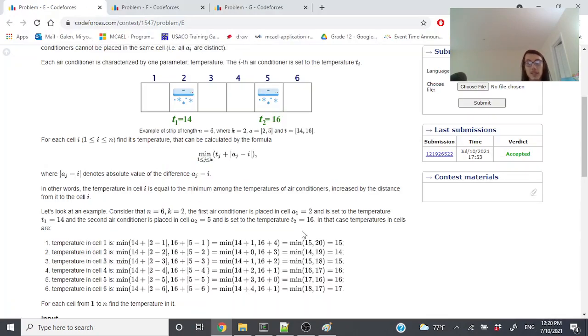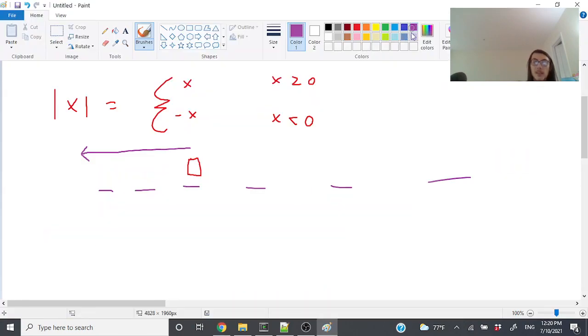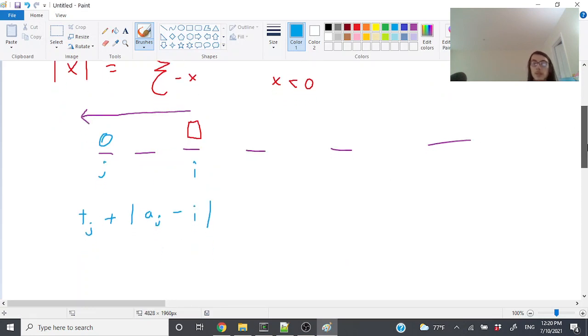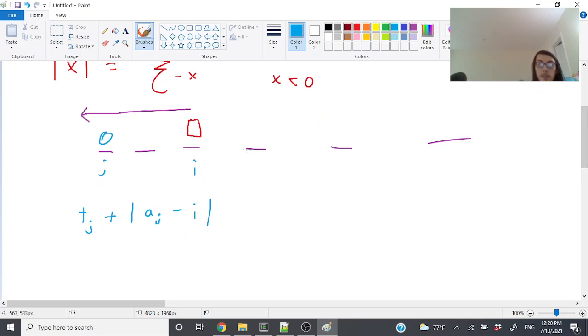Now, what does this do to the cost? So the cost for each air conditioner is T, so cell I, conditioner J. So the cost is Tj plus the absolute value of the difference in the coordinates. Of course, because we want the positive difference. But now we know, actually, AJ is the location, by the way.